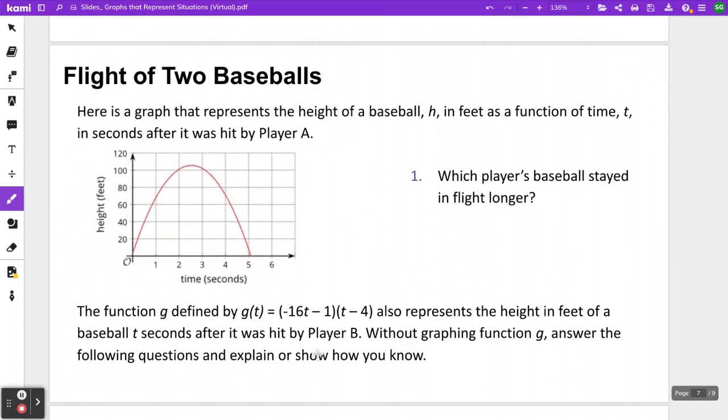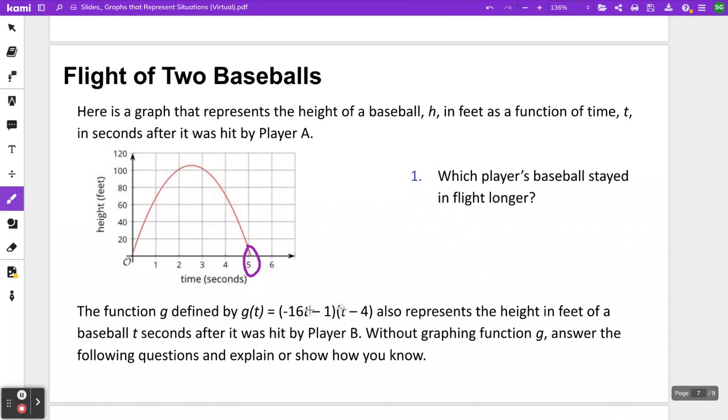To know which baseball is in the air longer, I need to focus on our x-intercepts. For the graph, that's a little easier. I'm just going to my x-axis, and I see we've got an x-intercept right here. It looks like it's a little after 5. And so player A's baseball was in the air for a little more than 5 seconds.